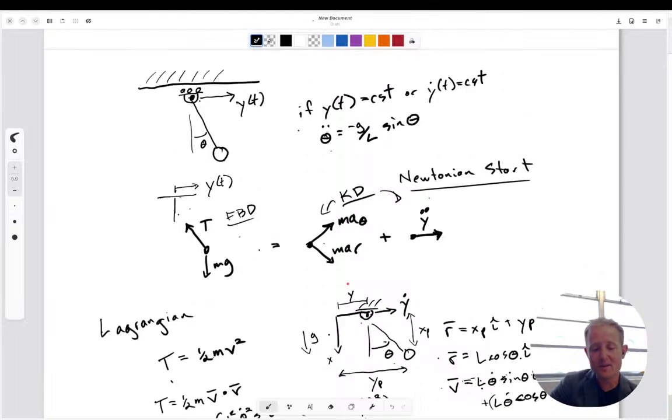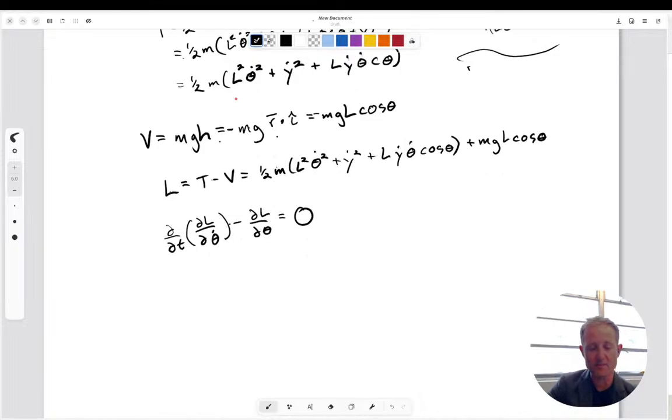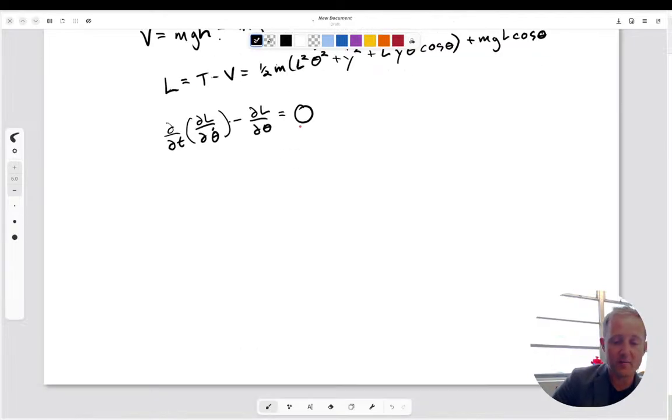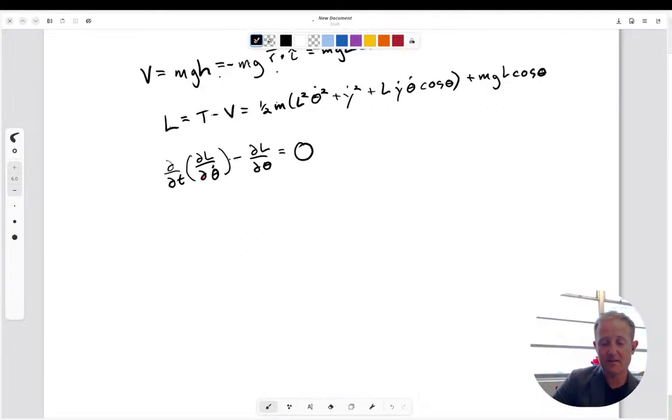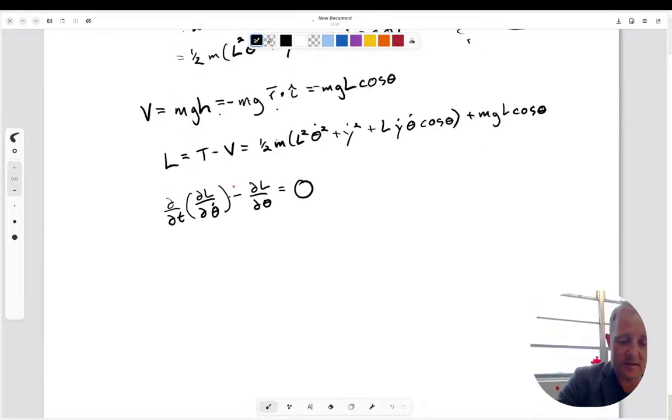But here there's got to be a force creating y of t, but it's a constraint on motion. So if it's a constraint on motion, I don't need to know what forces are actually causing that, because I'm saying this is the motion that has to happen. So all I care about is just how do I define kinetic and potential energies.